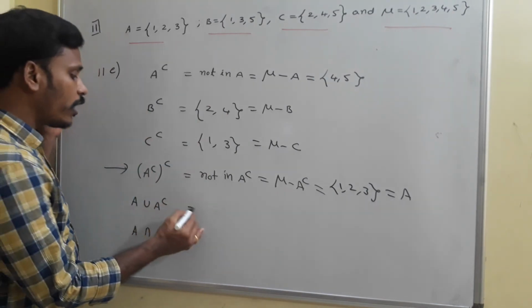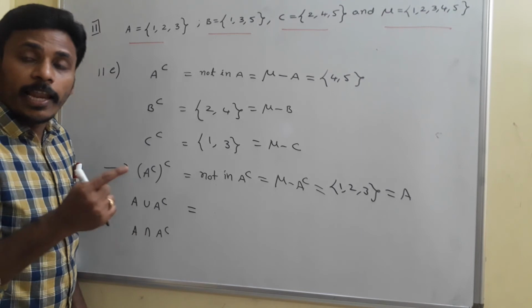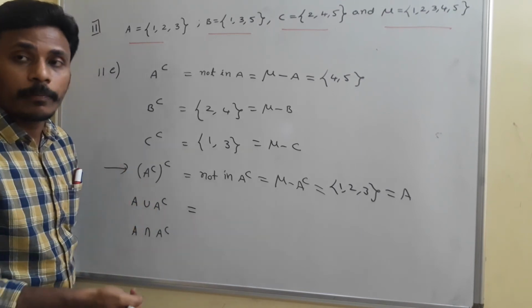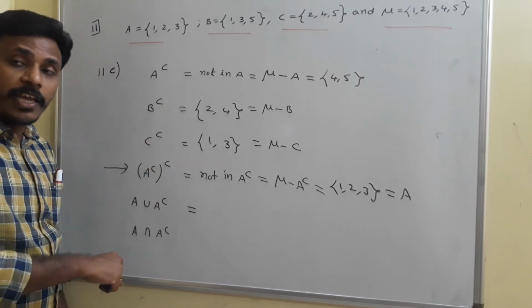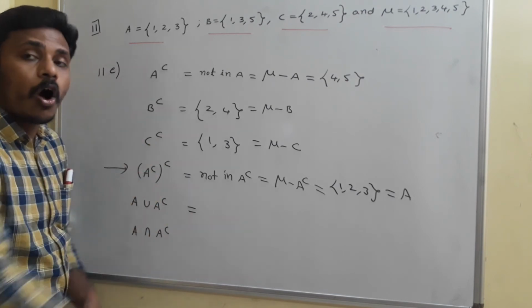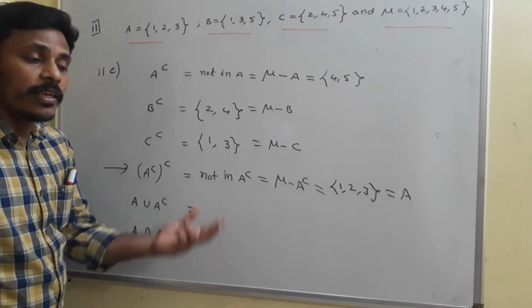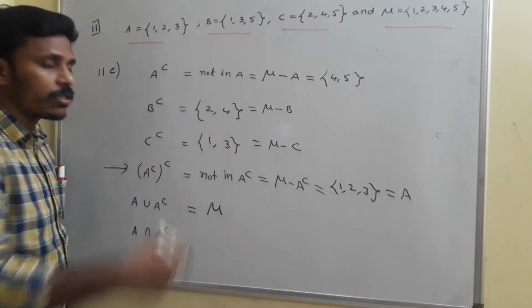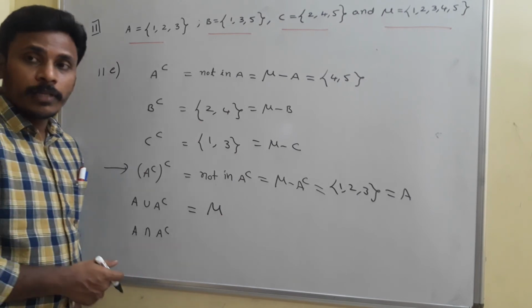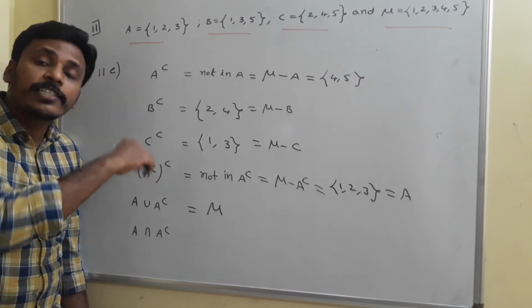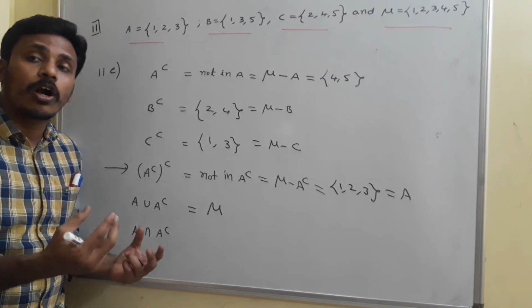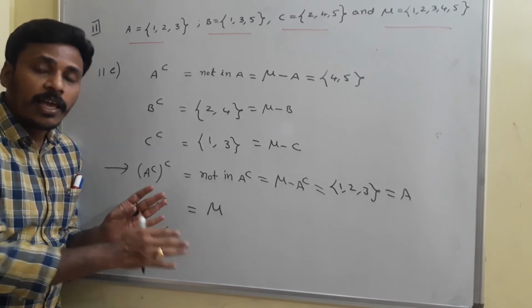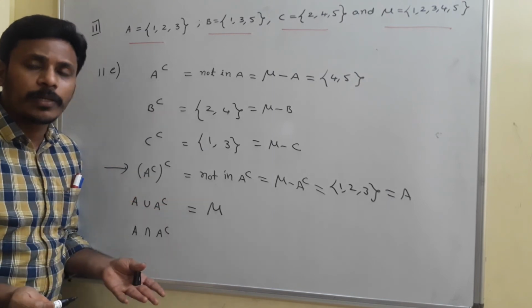And A union A complement. See, A means elements in A. A complement means elements not in A. All the elements, in A and not in A, you need to consider. So if you consider all those things, you will get for sure mu. Otherwise you can just list it out. And coming to here, elements in A and elements not in A, for that you need to collect the intersection, the common elements. What will be the common?